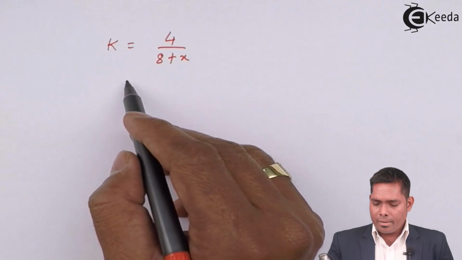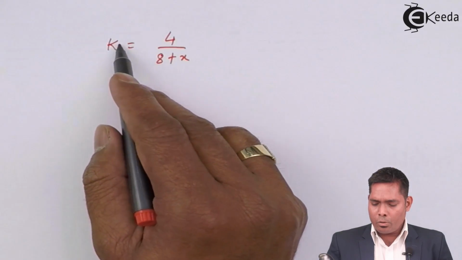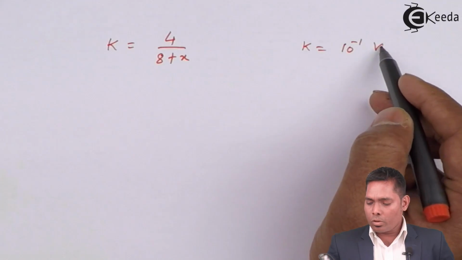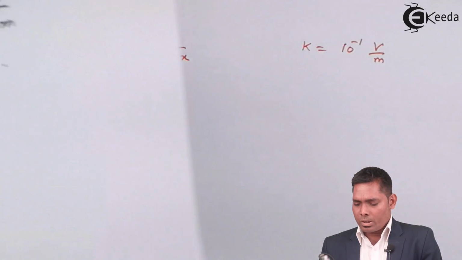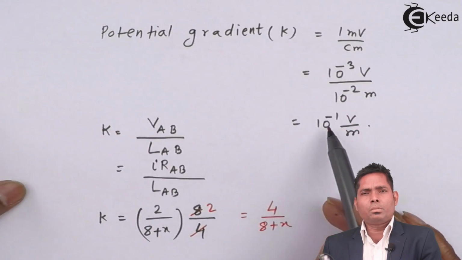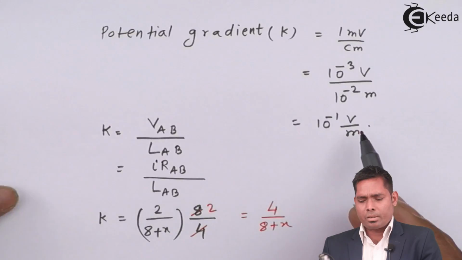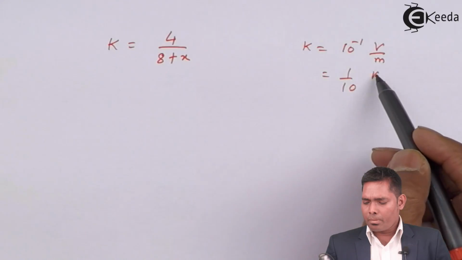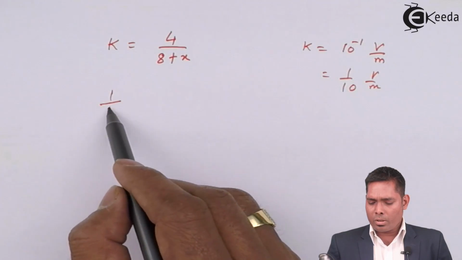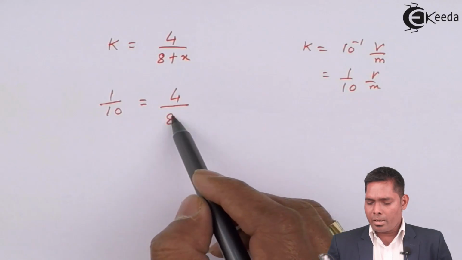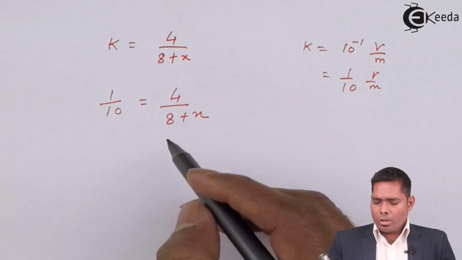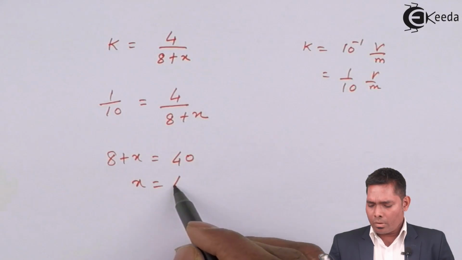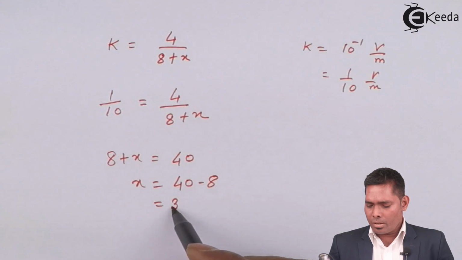If I cross multiply, I have to write the value of K here, which I got as 10 to the power minus 1 volt per meter. If I substitute that, 1 over 10 equals 4 divided by 8 plus X. Cross multiply, 8 plus X is 40, X is 40 minus 8, which is 32.